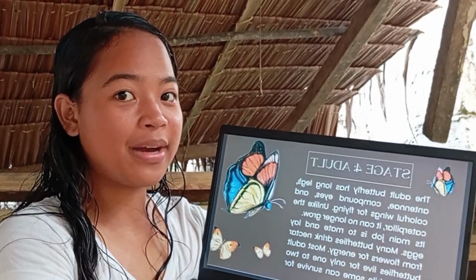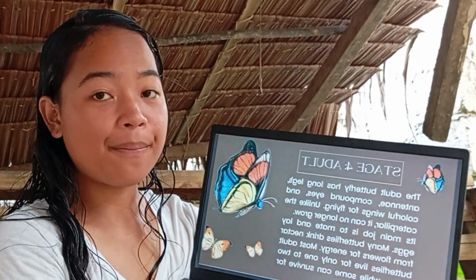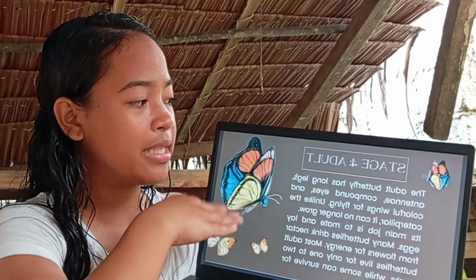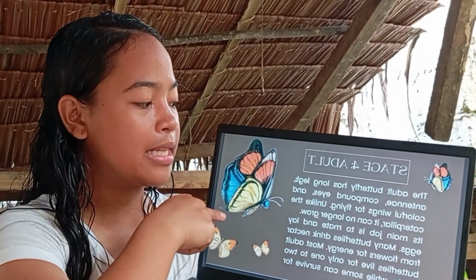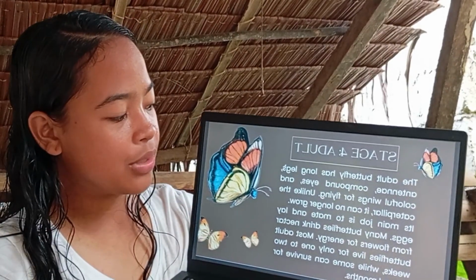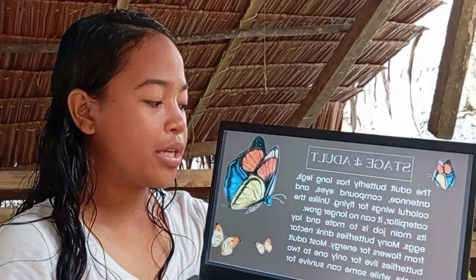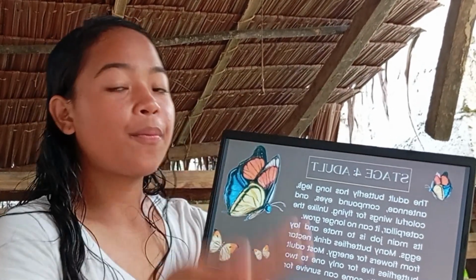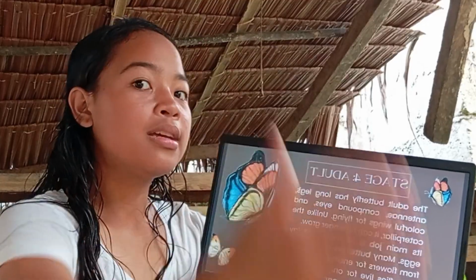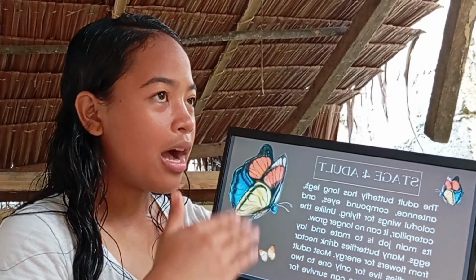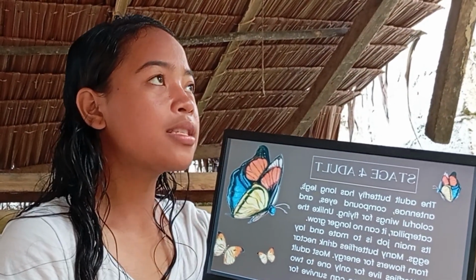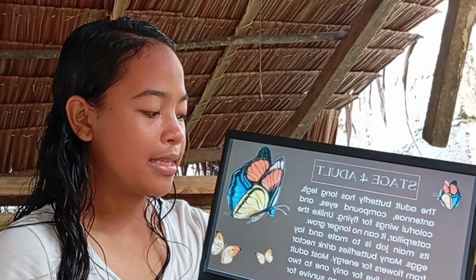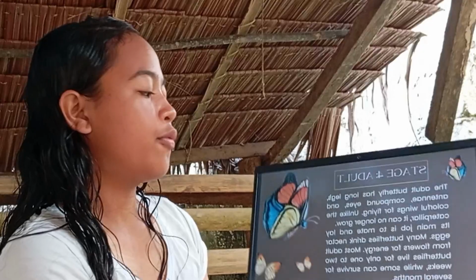So as you can see, it is very different when it was young and now that it is an adult. The major job in stage 4, now that it is a butterfly, is to mate and lay eggs. They multiply and lay eggs so that the same cycle returns. Adult butterflies drink nectar from flowers for energy.